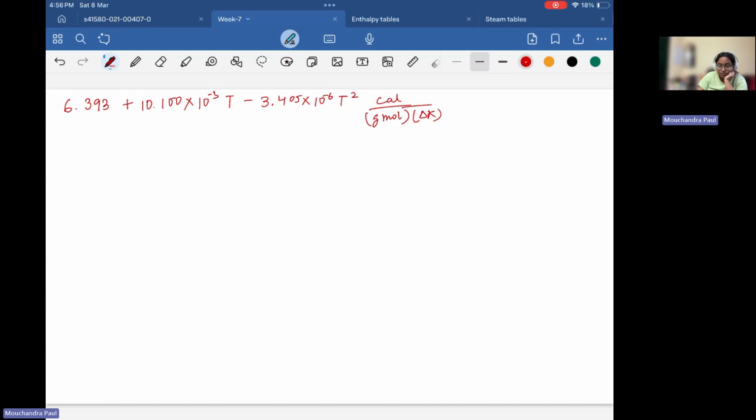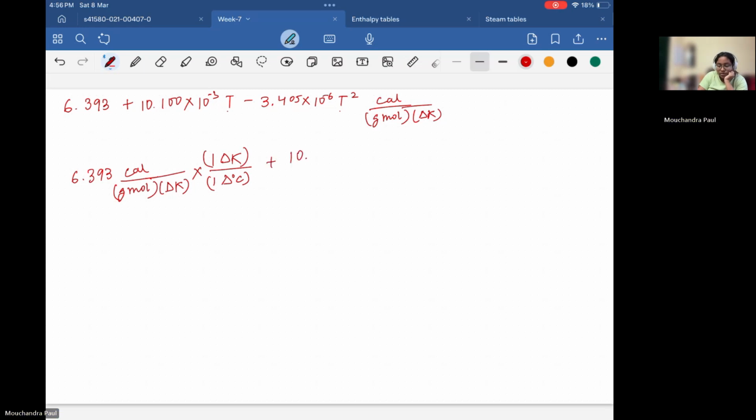All right. This entire thing is in the same unit. So we have to change the units of delta Kelvin to delta degree Celsius for T. So 6.393 here for this term, let's write the unit as this. 1 delta Kelvin is equivalent to 1 delta degree Celsius.